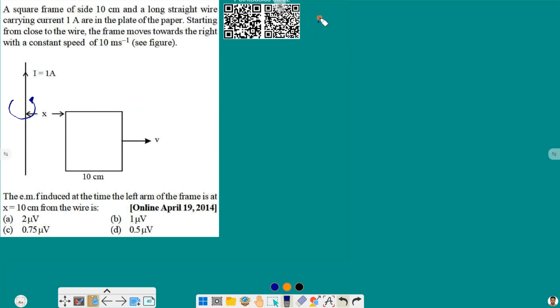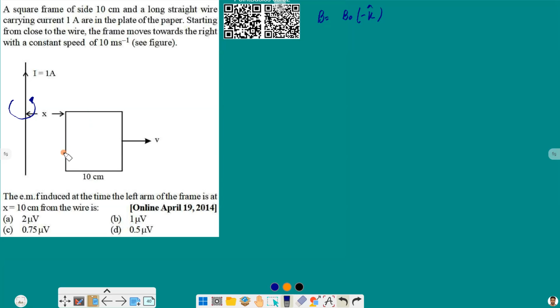Suppose the value is B naught at any point, as the magnetic field due to a long straight wire varies with distance, multiplied by the direction vector, that will be minus k, as the magnetic field is in the negative Z direction.